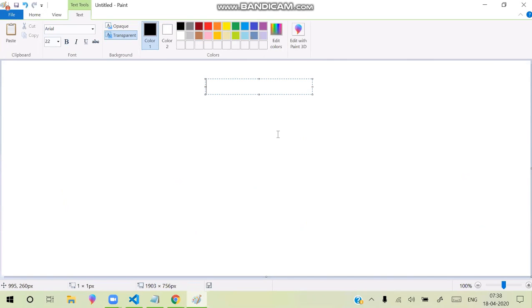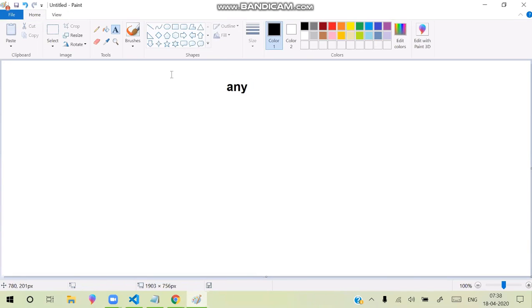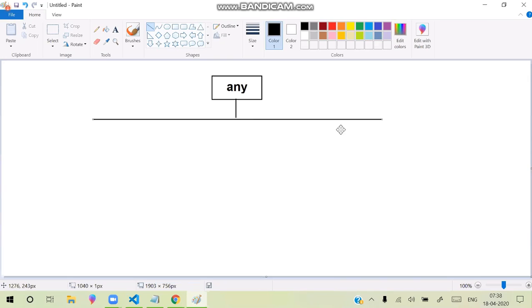So the root type for all the data types in TypeScript is any, and all data types are derived from the any type. The data types in TypeScript are mainly classified into two categories.